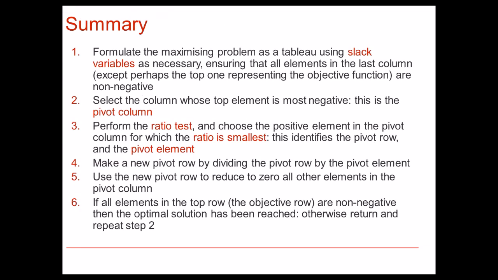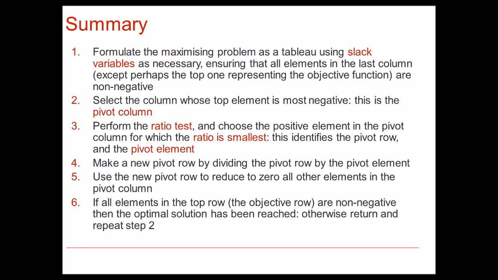In summary, we need to formulate the maximising problem as a tableau using slack variables as necessary to get that augmented form, making sure that all the elements in that last column, except perhaps the top one representing the objective function, are non-negative.